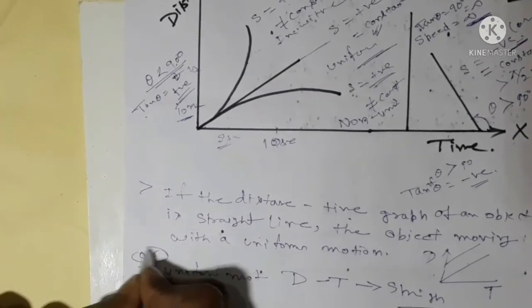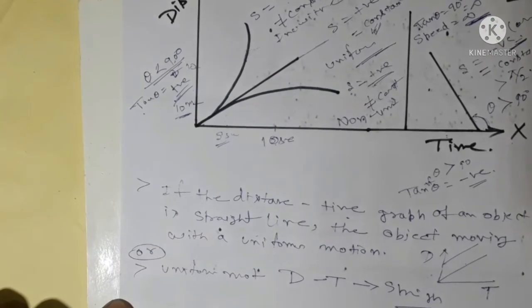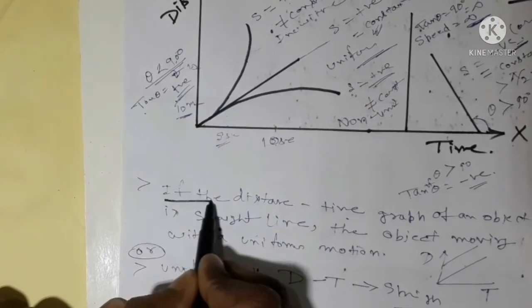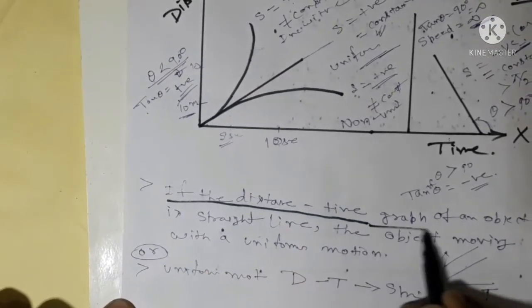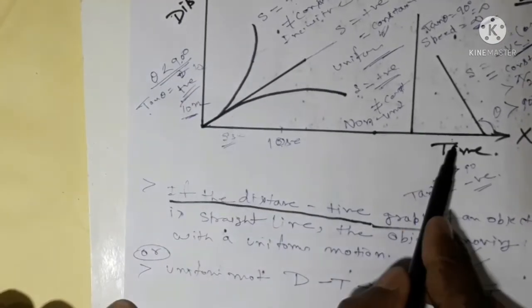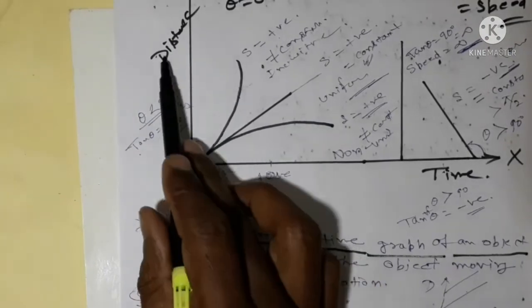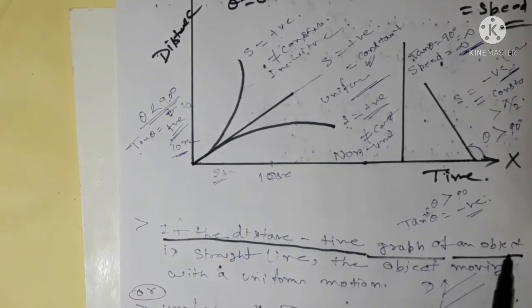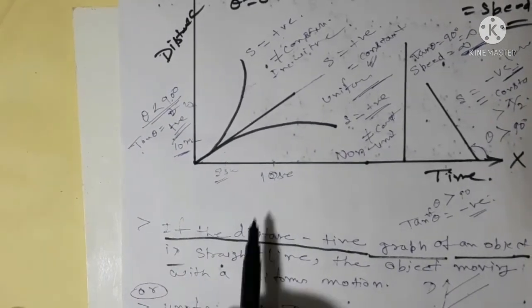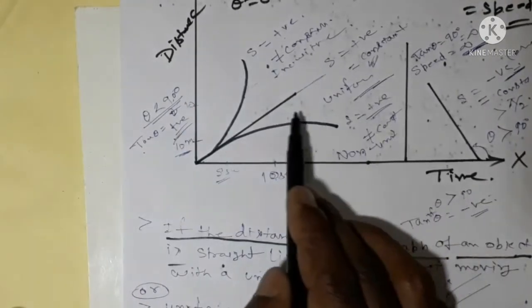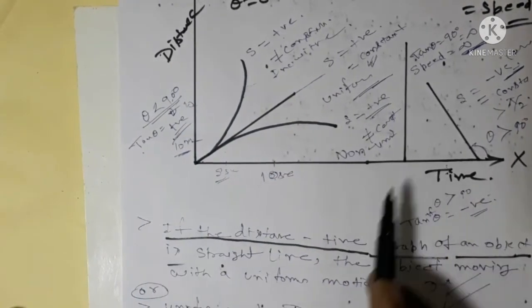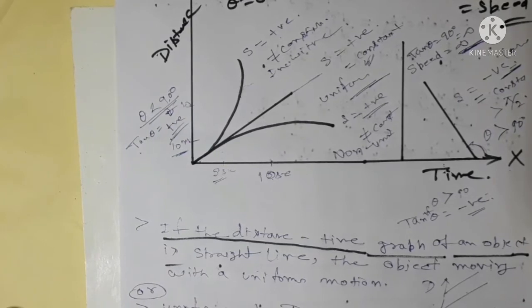If the distance time graph of an object is a straight line, then the object is moving with uniform motion.